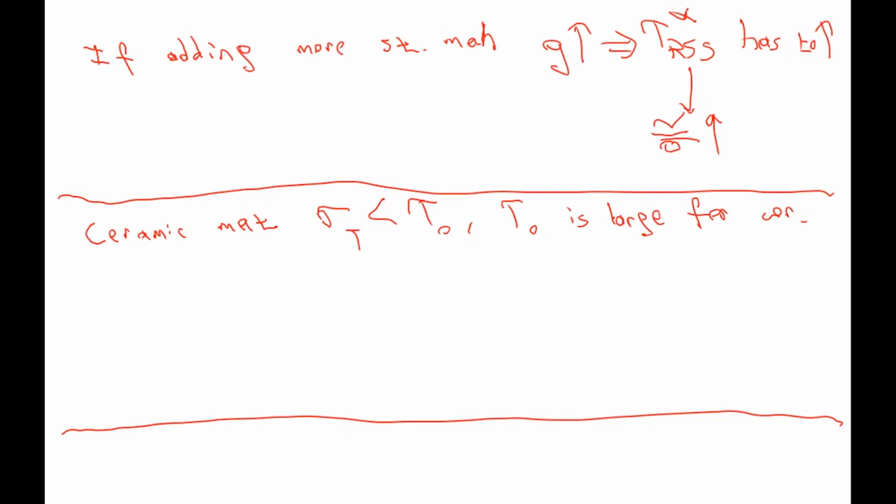But in ceramics, since lattice resistance is too high and the stress tensor cannot exceed the lattice resistance, we see this material is brittle. We cannot exit the barrier, then that's a problem.